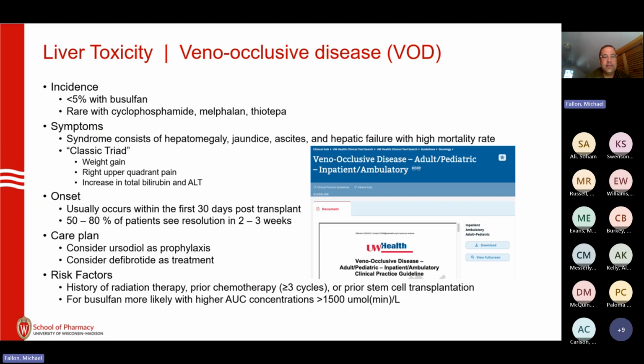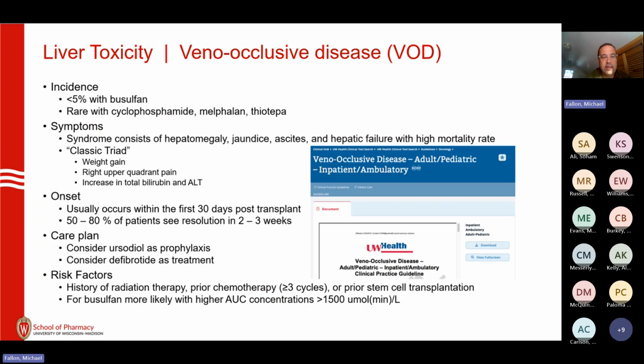And so we're adding this on top of severe mucositis and nausea and such, which is tricky. So we do prophylax all our patients that get busulfan with ursodiol, and then we'll generally give defibrotide as treatment if patients develop this adverse effect.